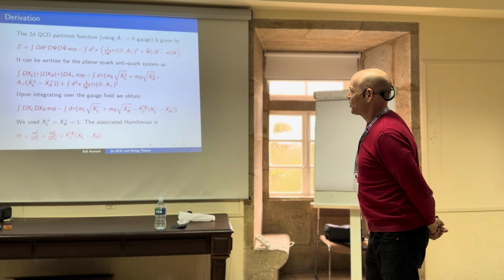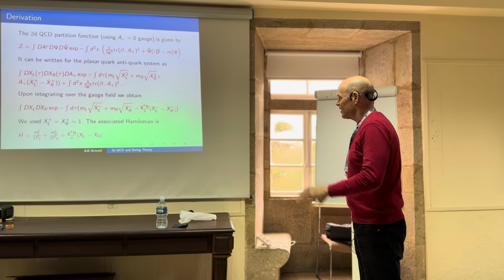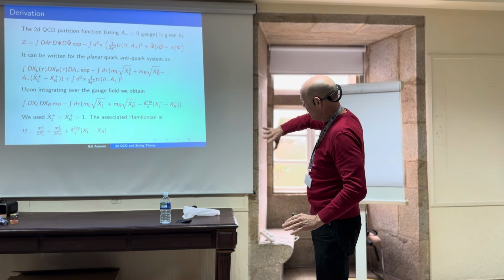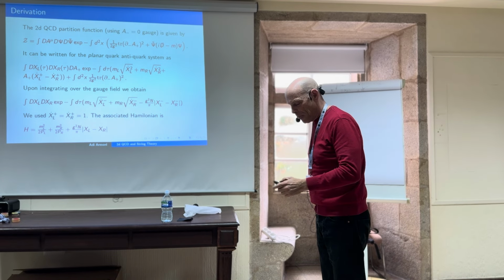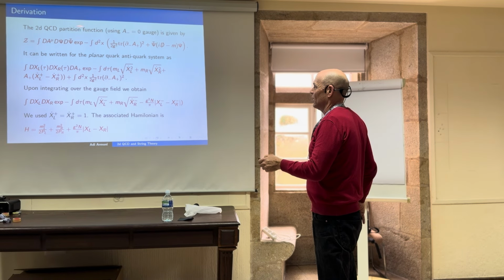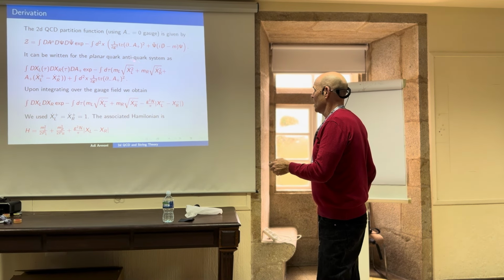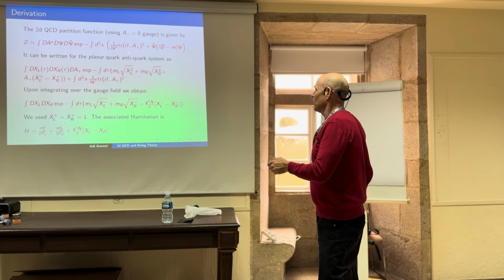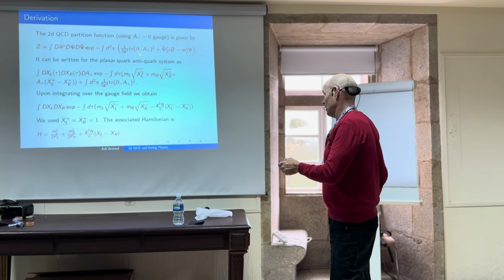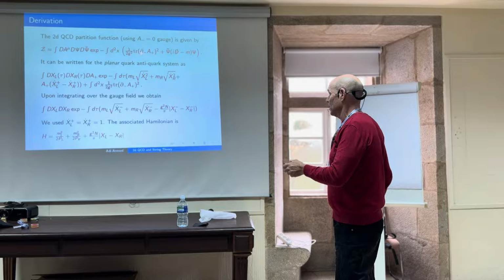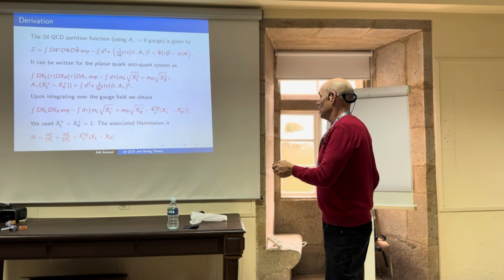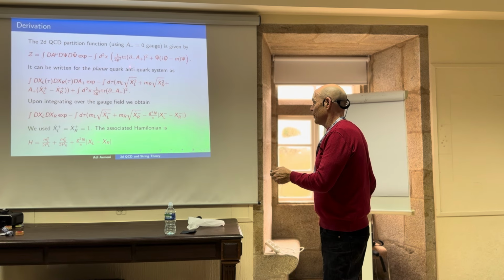Let me explain what's going on. It's not a rigorous derivation, it's just a sketch of the idea. This is the action of 2D QCD. The important thing is that in the light cone gauge, the gluons are just a quadratic theory. We have fermions coupled to the gluons, but it's really quadratic.